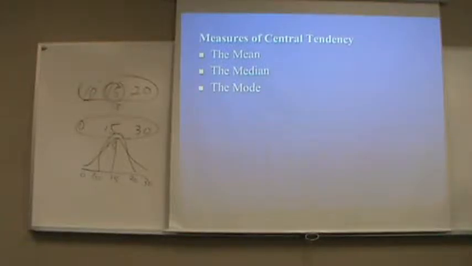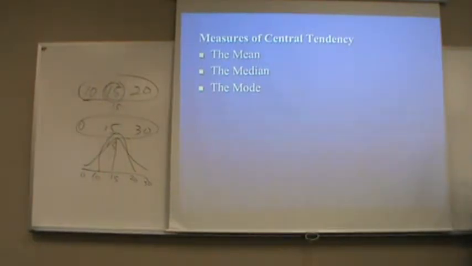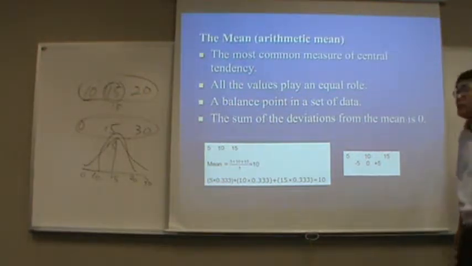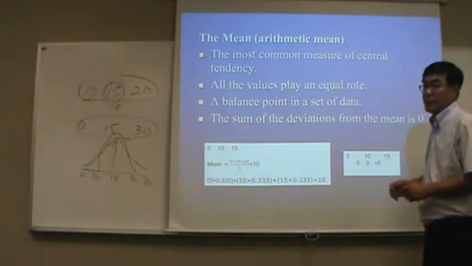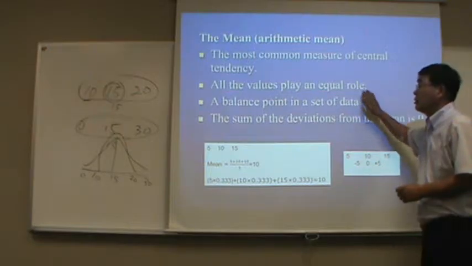For measures of central tendency, we can use mean, median, and mode. The arithmetic mean is the most common measure of central tendency. Mean is average, and all values play an equal role.